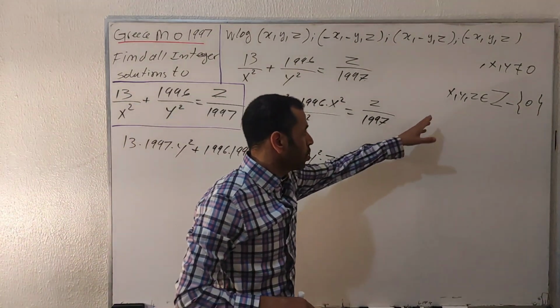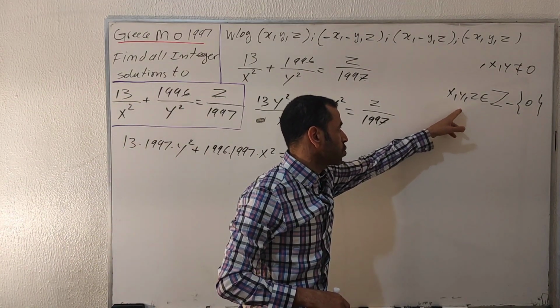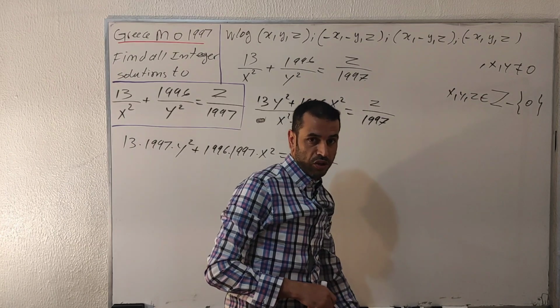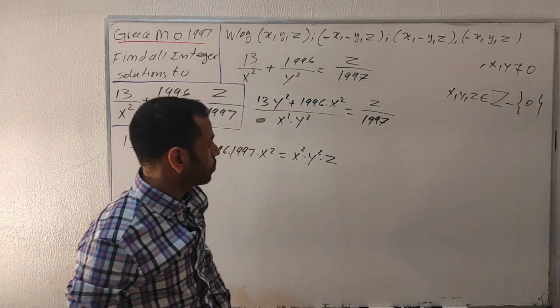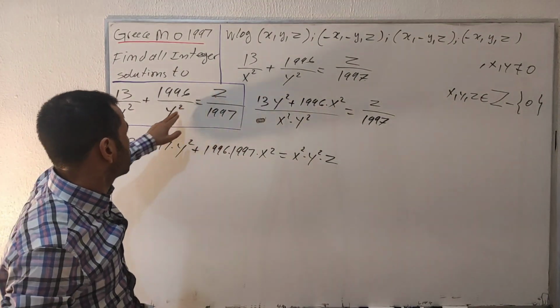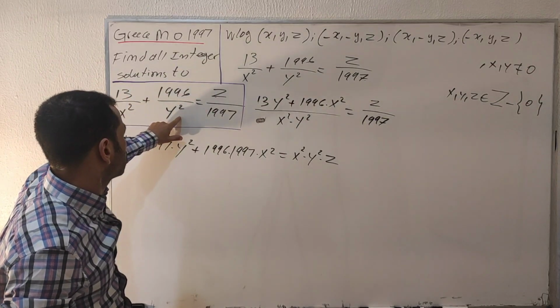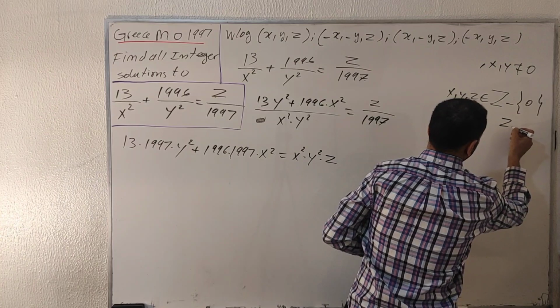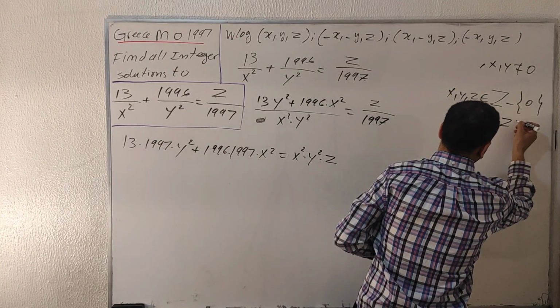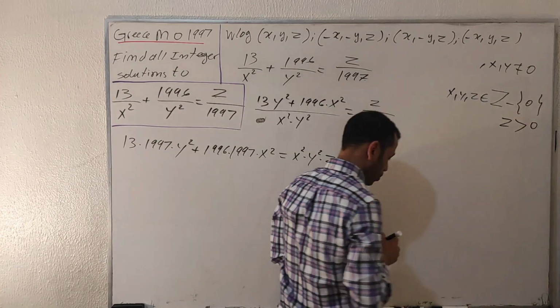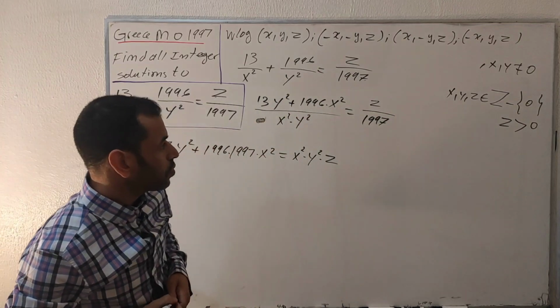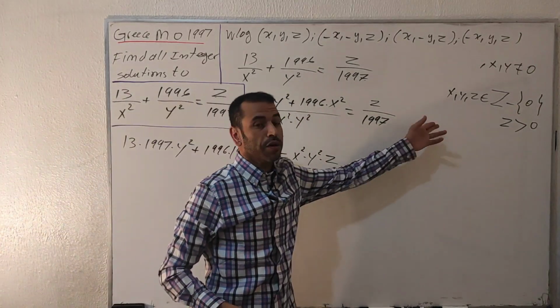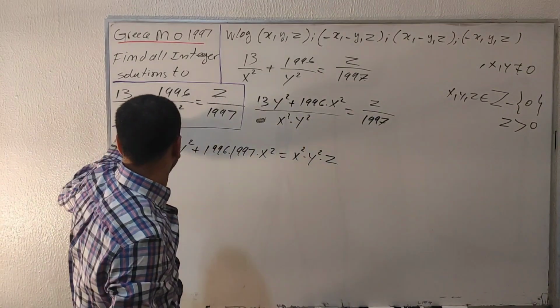Also z must be positive because the left hand side of this equation is positive. So the second observation: z must be strictly greater than 0. Of course x and y can be negative or positive because we have the squares.